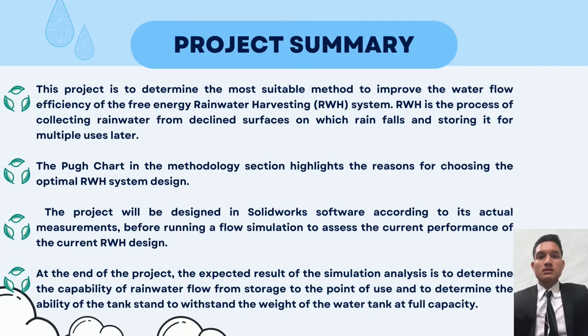The pie chart in the methodology section highlights the reason for choosing the optimal rainwater harvesting system design. The project will be designed in SolidWorks software according to its actual measurement before running a flow simulation to assess the current performance of the current rainwater harvesting design.